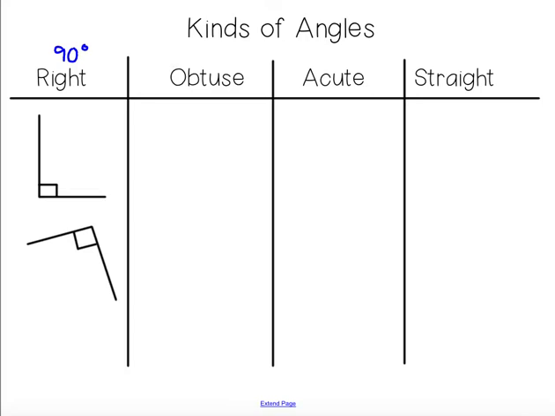Okay, obtuse angles are angles that are more than 90 degrees and less than 180. So if we know that a straight angle is 180 degrees, so a straight line, it has to be more than halfway.